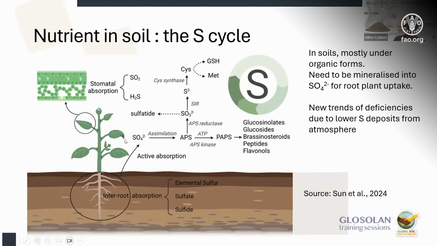So it's a different picture than the potassium. It's completely the reverse here. Most of the sulfur is in organic form and will go into sulfate form through the activity of the microbes, and then be taken up by the plant and assimilated into other organic material in the plant.